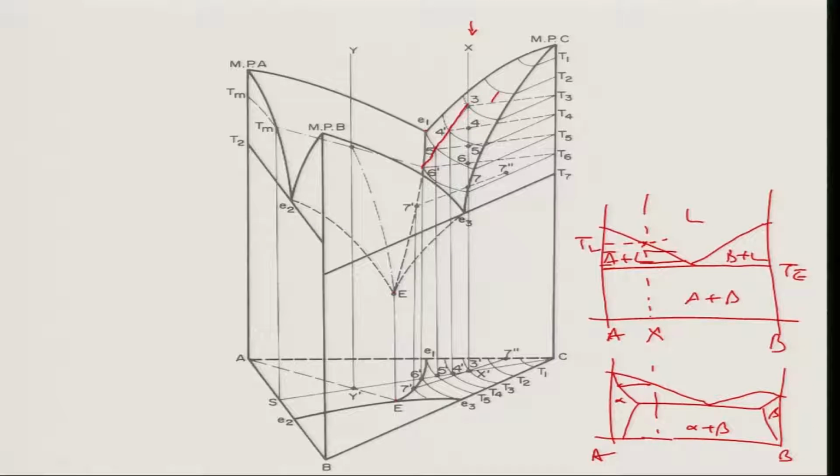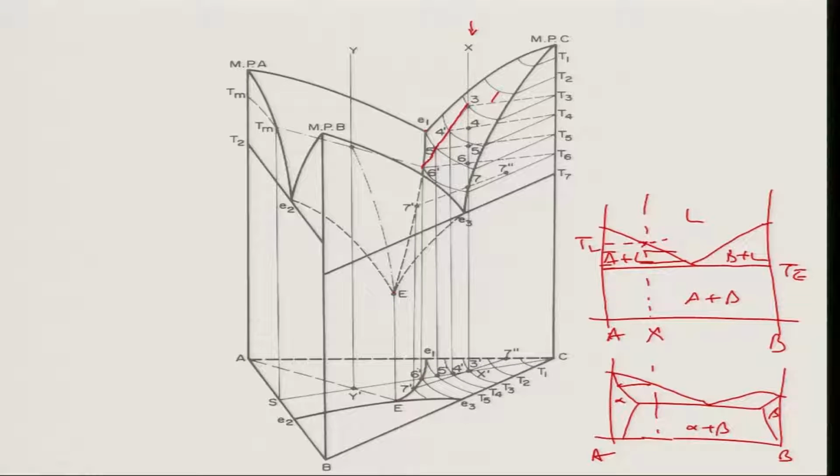As I cool it down, only at temperature T3 some crystallization will happen, and this crystallization will be of C. As the temperature goes down from T3 to T4 to T5, more and more C will crystallize. When the temperature reaches T6, this liquidus surface is going to meet the valley from small e1 to capital E, and once it touches that, this will precipitate A also.